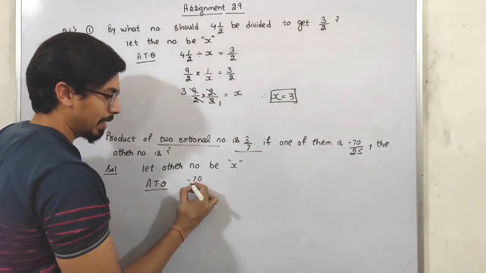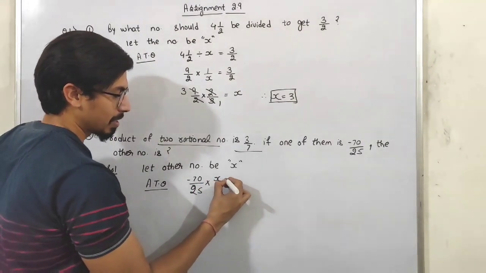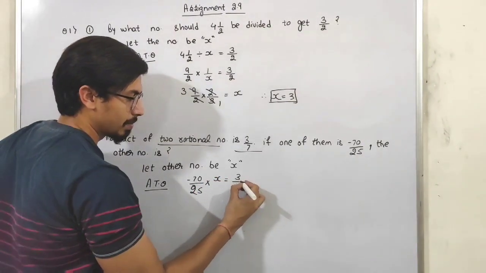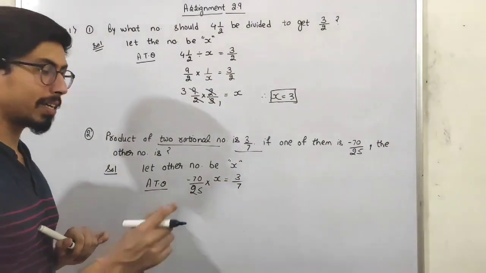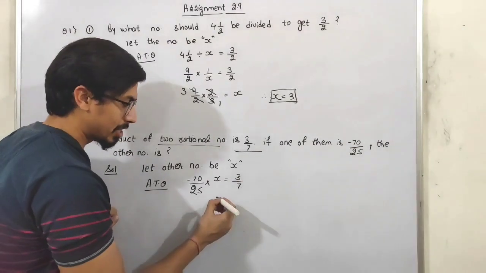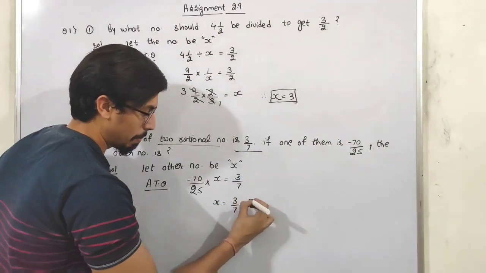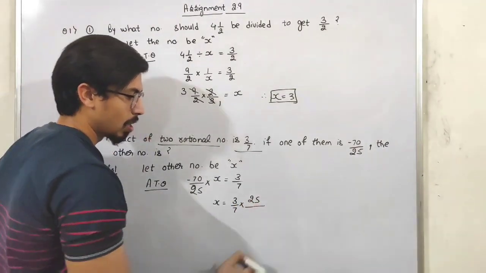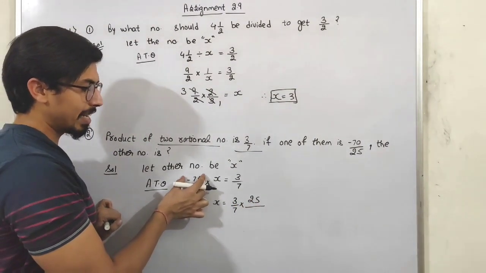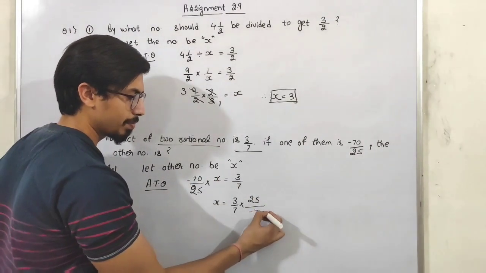So minus 70/25 multiplied by x gives 3/7. See, 25 is in division. When it goes here, it will be multiplication. So x equals 3/7 multiplied by 25. 70 is in the numerator, when it goes here, it will be minus 70 here.